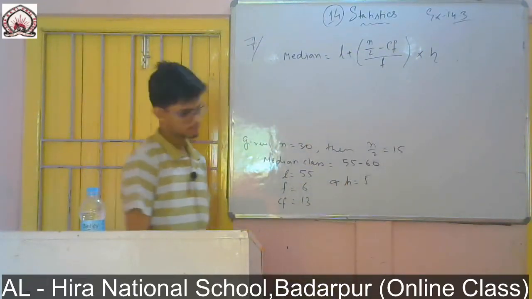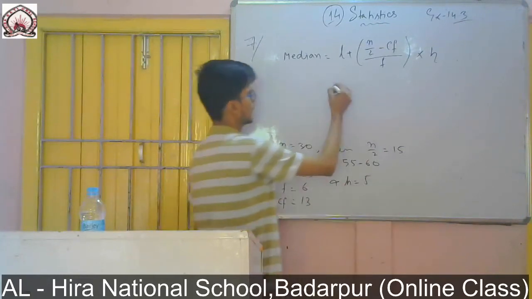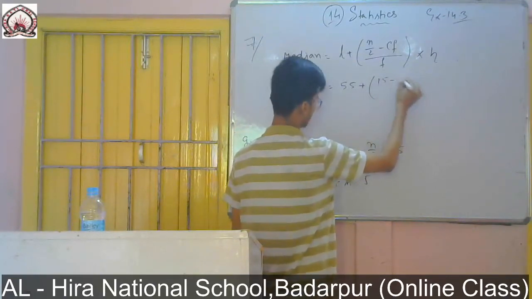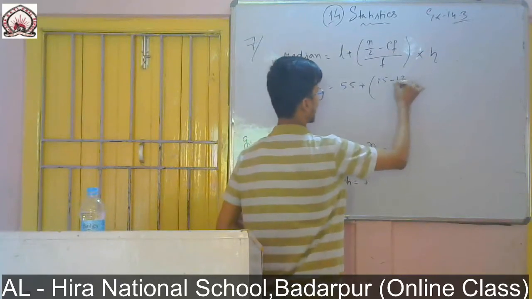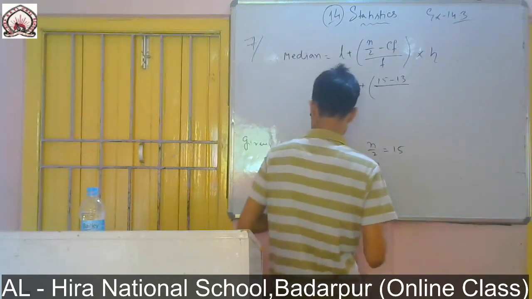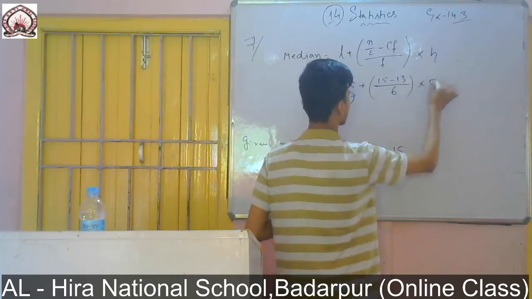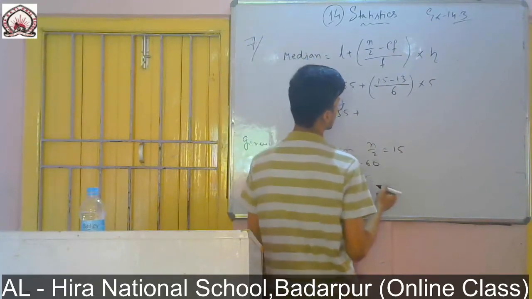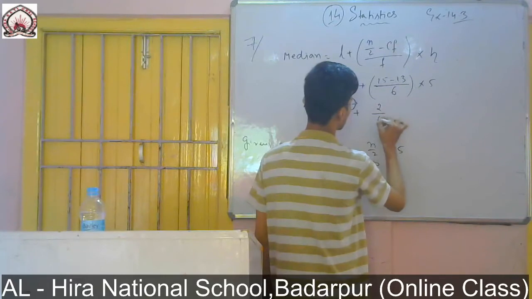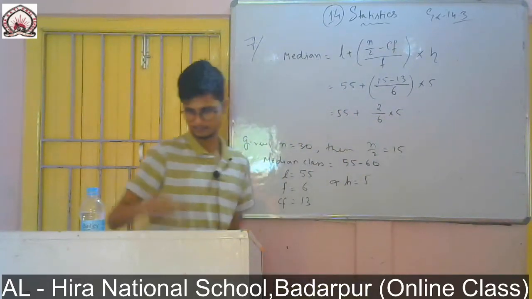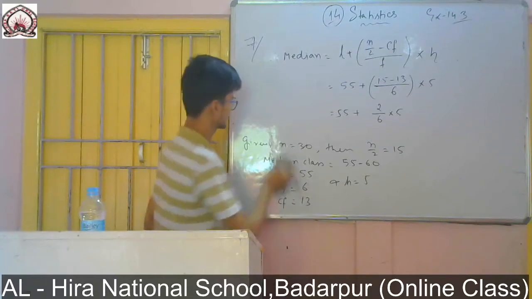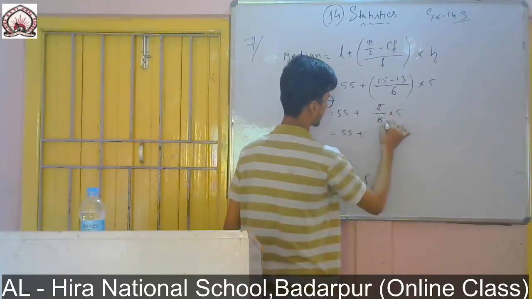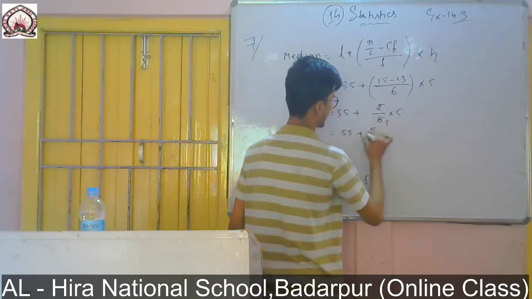Here the lower limit is 55 plus n by 2, which is 15, minus cumulative frequency 13, divided by frequency 6, into height 5. So 55 plus 2 by 6 into 5, so it is 5 by 3.